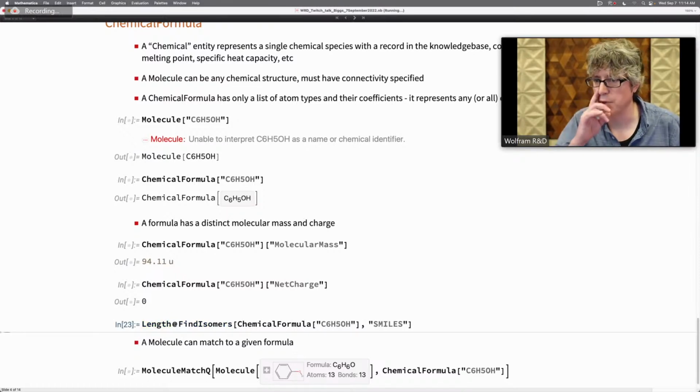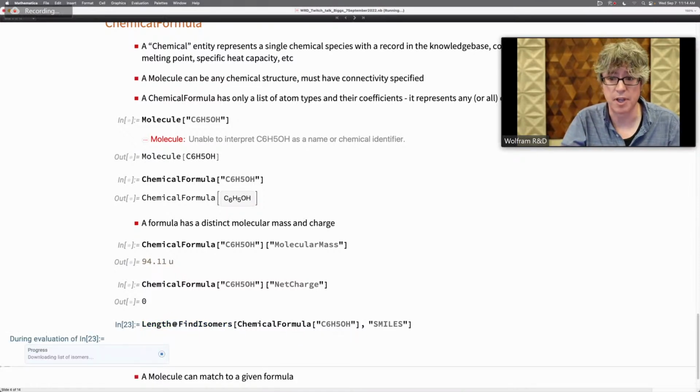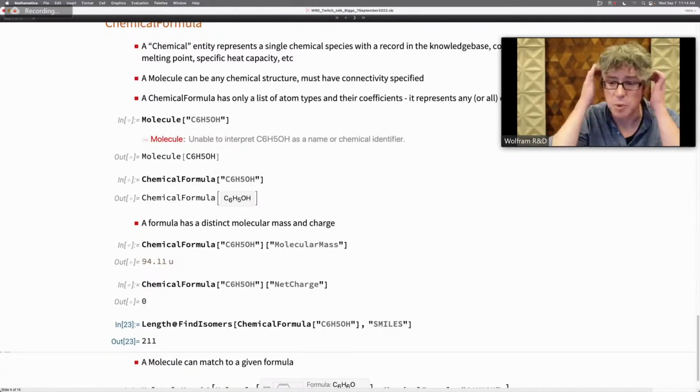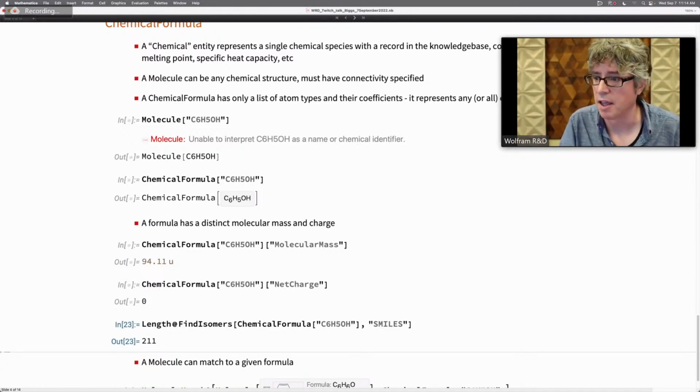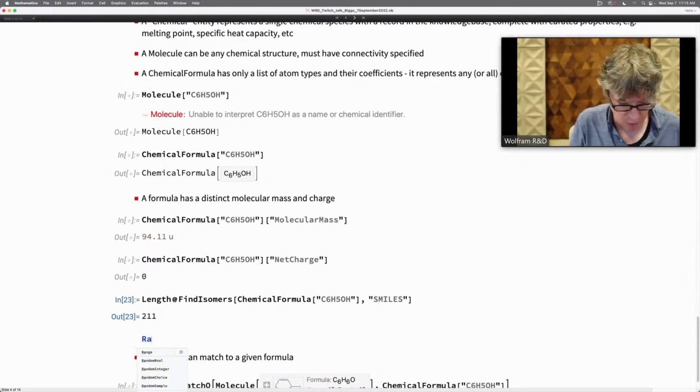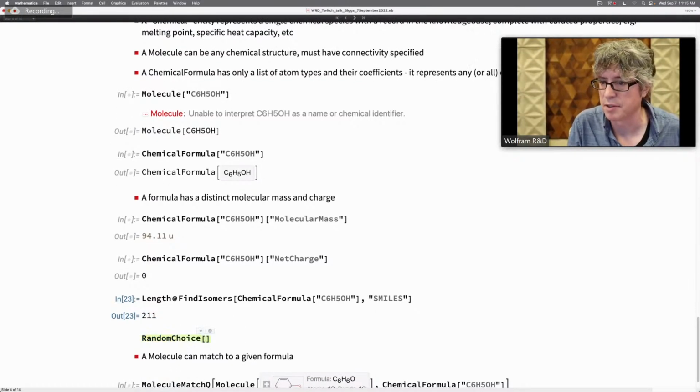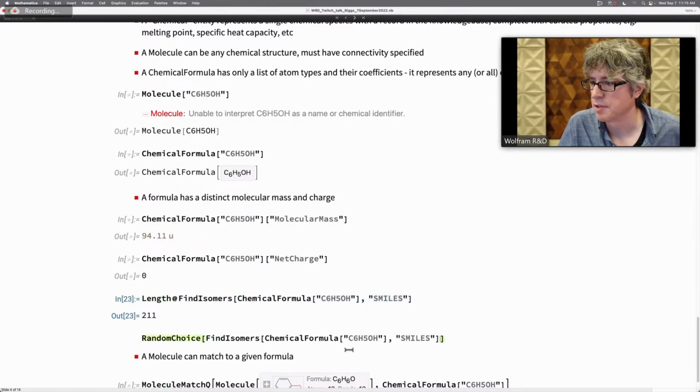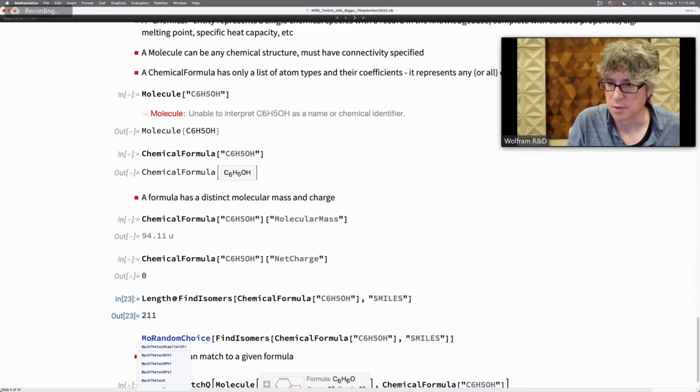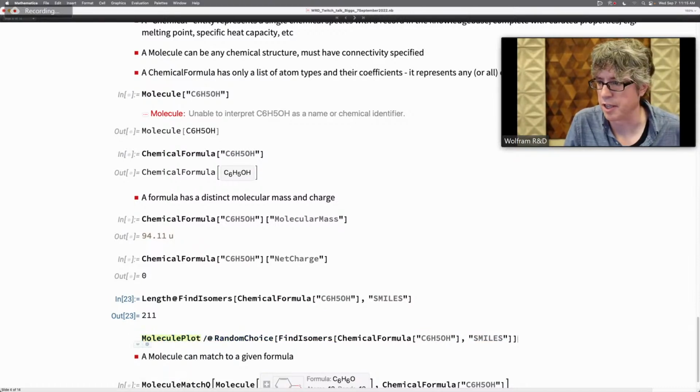What this does right now is call up to PubChem, the database with 97 million entries, and they say they have 211 molecules with that particular formula. We can do a random choice of the isomers, and then MoleculePlot with Add, and get 5 of them.